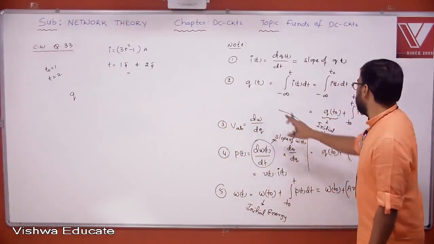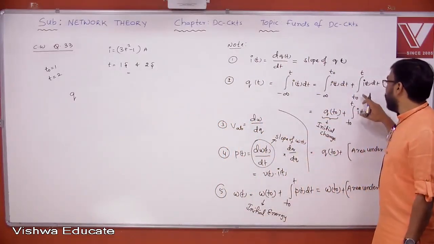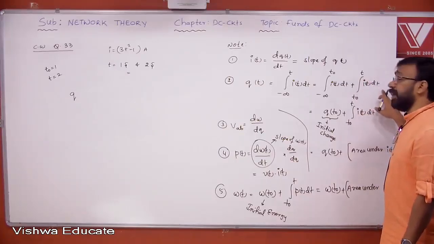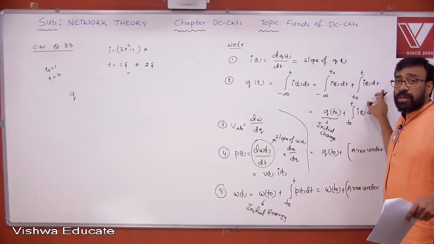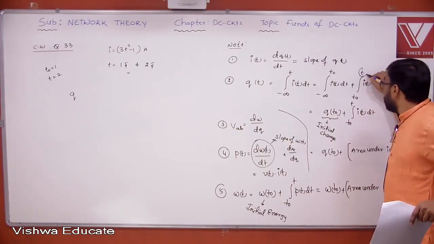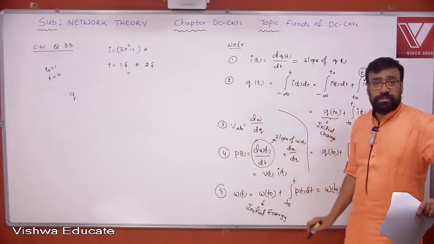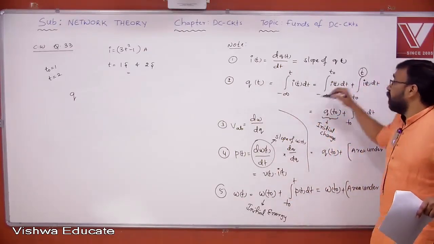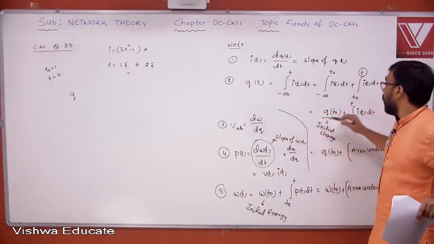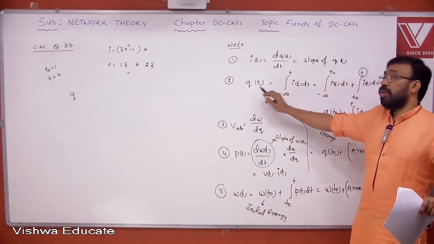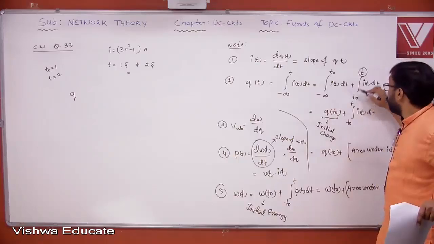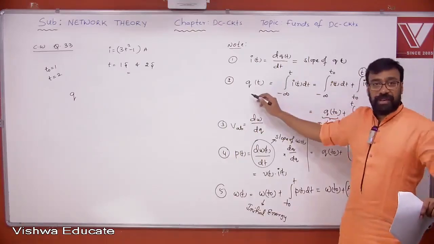Q of t is equal to what? Integration t0 to t of I of t dt. Whatever the upper limit is, that you are taking here as Q of t. What is the upper limit here? t. Therefore Q of t. Suppose you have 1 to 2, then it becomes Q of 2. Suppose you have 1 to 10, then it becomes Q of 10. Yes or no, all of you?